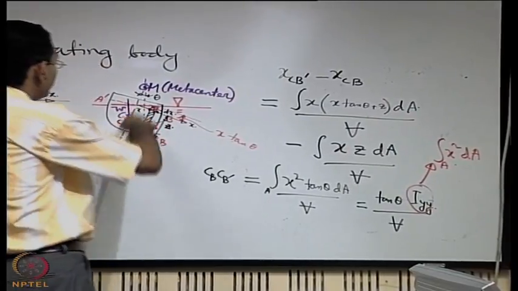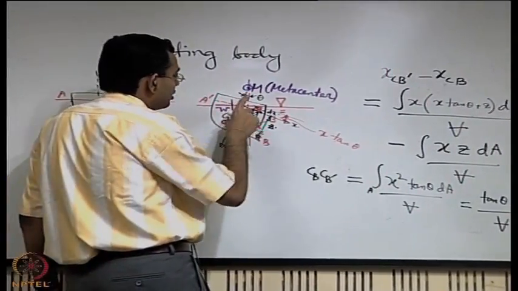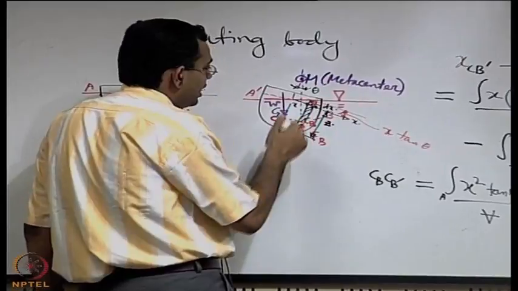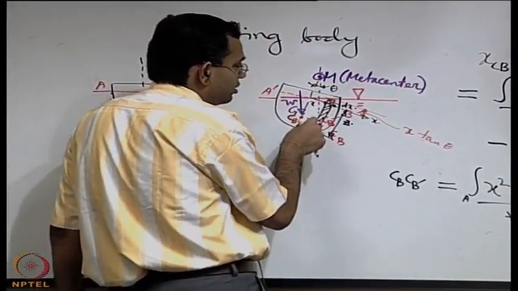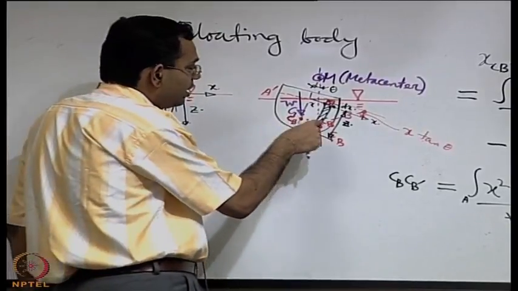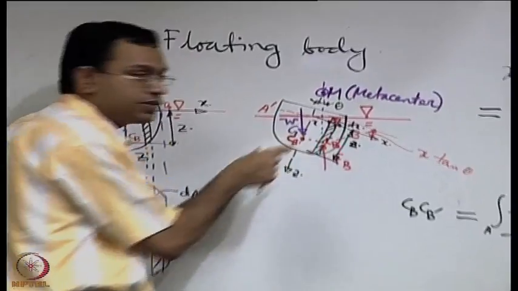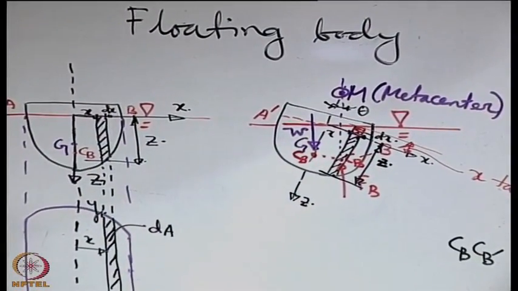Now referring to this figure, for a small angle theta, CB CB prime, this particular small distance is a small arc of maybe a circle.